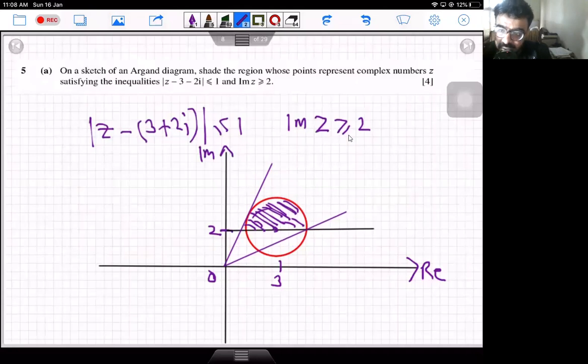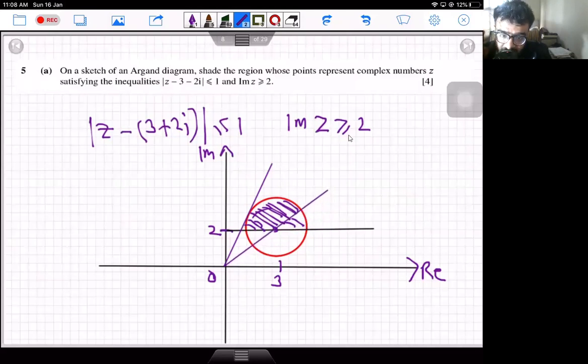Okay, this is the least value of argument of z, but we are interested in finding the greatest value of argument of z. Okay, so this half line which starts from the origin must be such that it satisfies the shaded region.